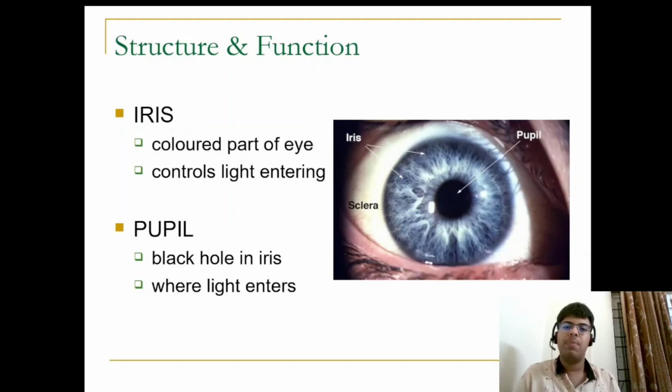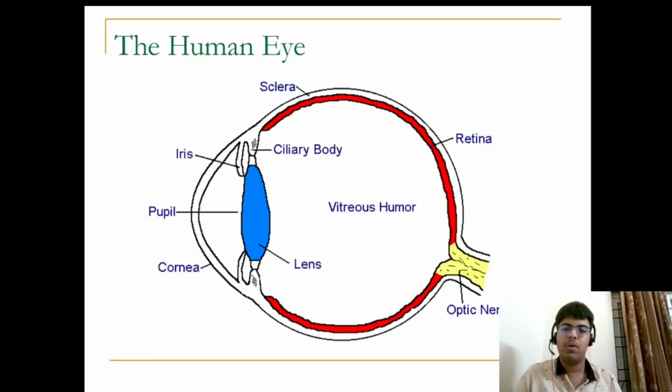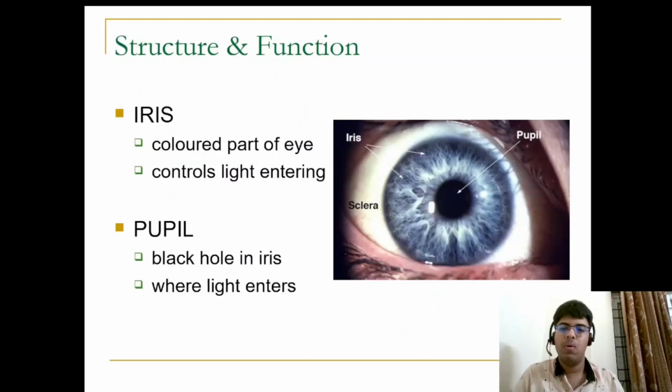It is the colored part of the eye and it controls the light entering the eyes, meaning its basic function is to limit the amount of light entering our eyes. The iris is the part near our lens, as you can see in the image here. Second is the pupil. The pupil is a black hole in the iris. It is the part where the light enters the eyes.